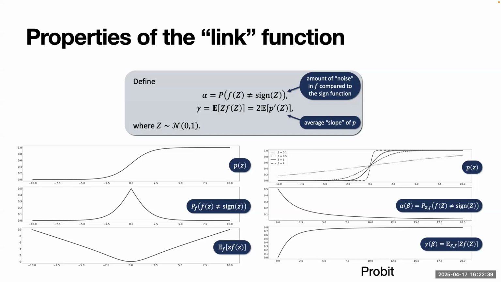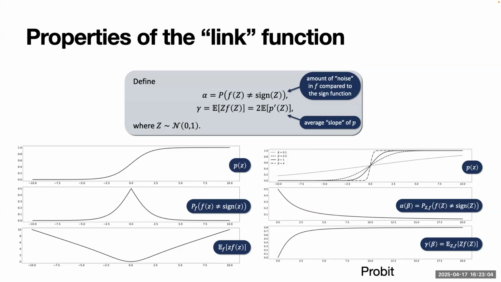I also define something called the slope parameter, which is simply the expectation of z times f(z). From Stein's lemma, this is just twice the expectation of p prime z, where p was our link function. So this is sort of the average slope of this link function. We can plot this.